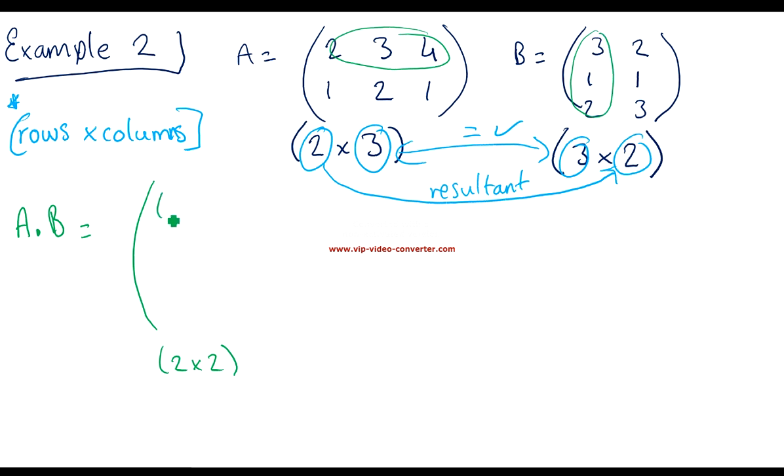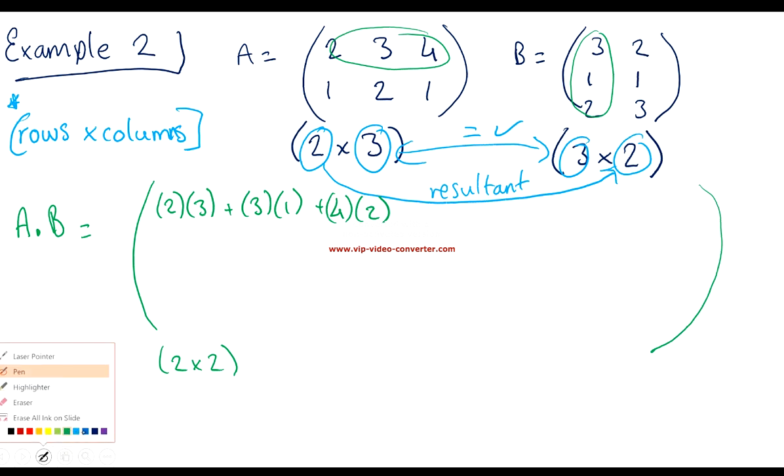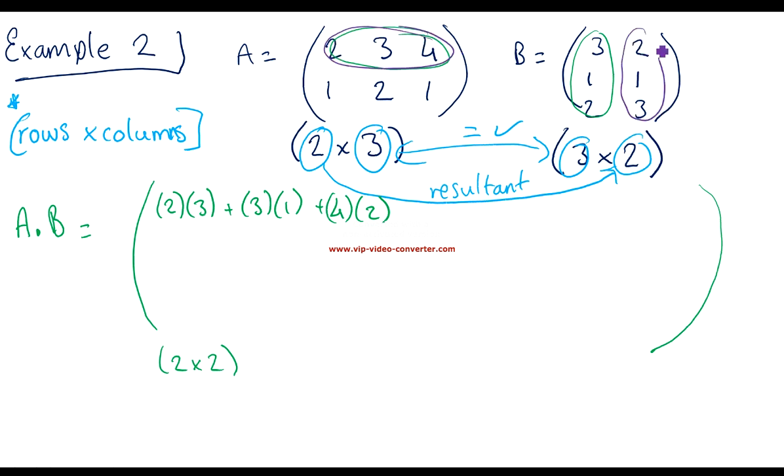So you're going to get 2 by 3 plus 3 by 1 plus 4 by 2. Okay, now brackets got to stay really big, because that's just one entry. Our next step, if I do it in another color, will help distinguish. I'm going to multiply this row here again by this.